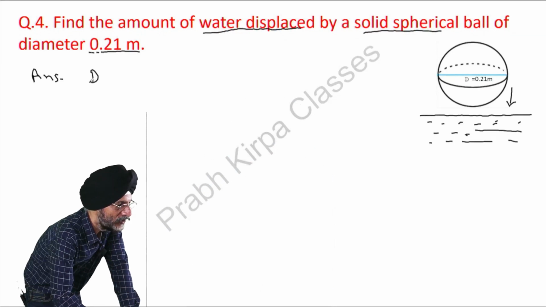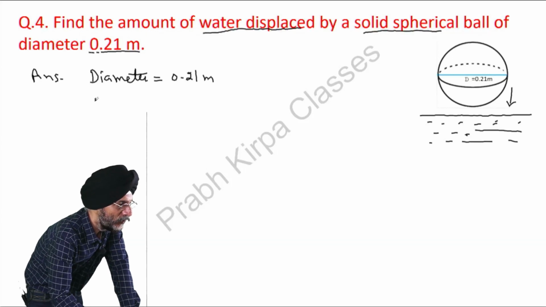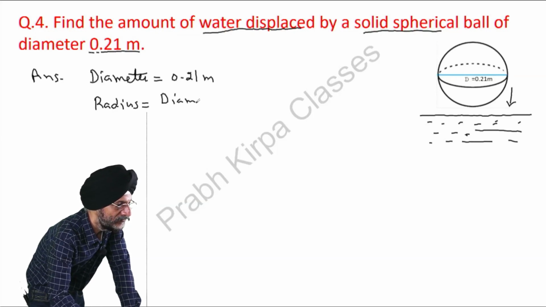So we have been given diameter as 0.21 meter. We know that radius is half of diameter. Diameter over 2.